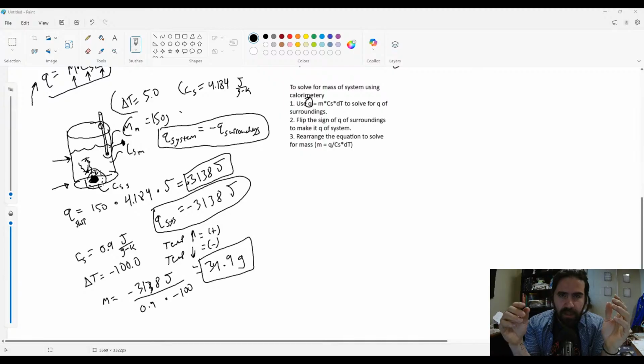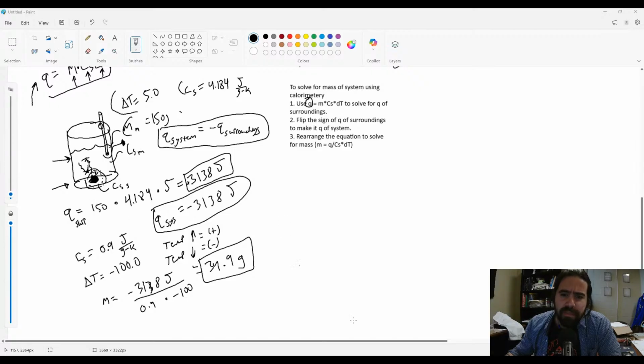Okay? This is a common question that people have. You can expect to have a question like this on any exam I give you, where I'll ask for something like mass. Sometimes I'll ask for something like specific heat. But yeah, that's basically what calorimetry does.